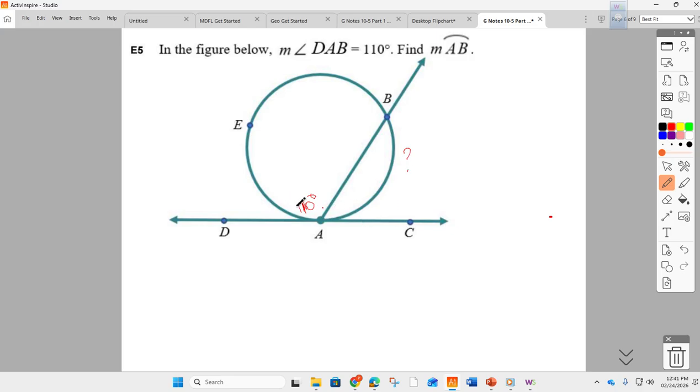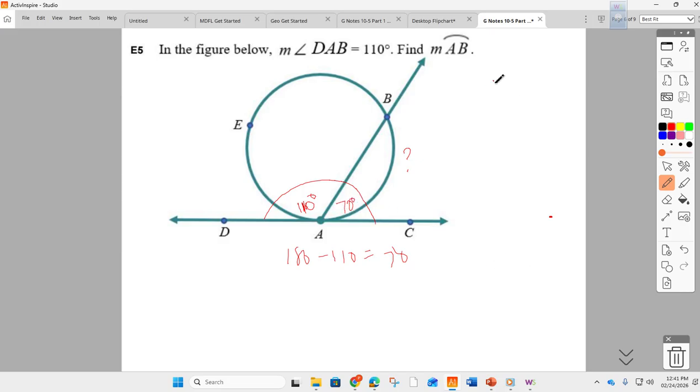So this angle does not intersect this arc. Can we find the measure of the angle that intersects this arc? We can, right? Because this whole thing is how many degrees? Yeah, so 180 minus 110 tells us that this angle is 70 degrees.